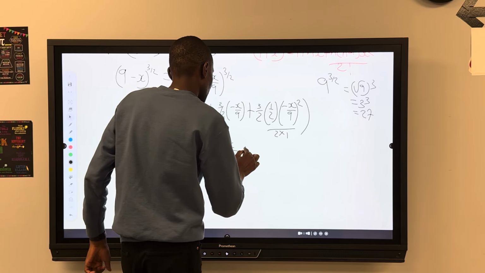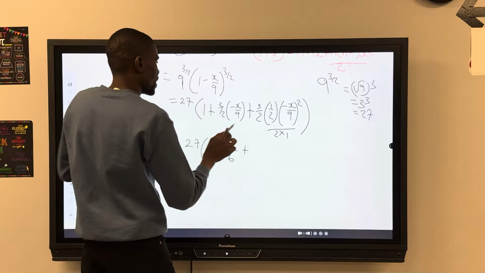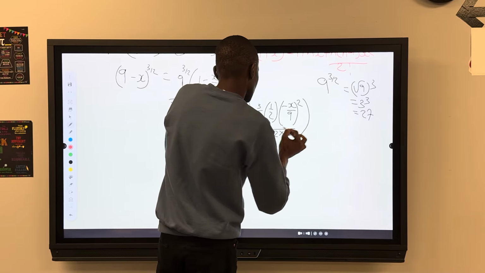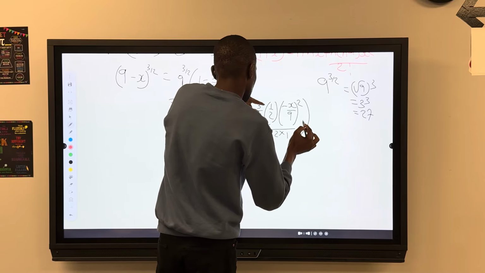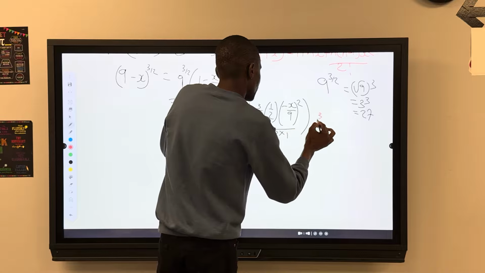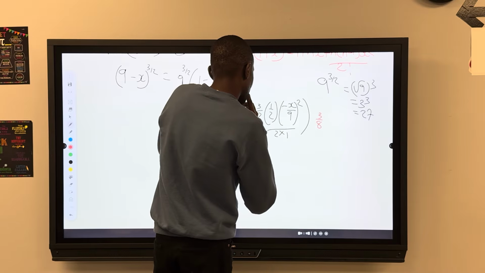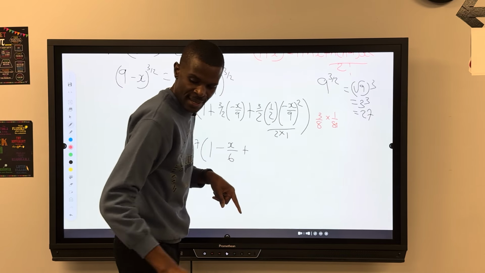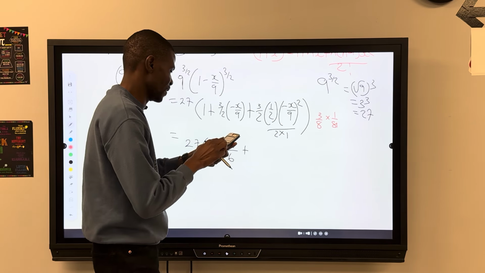Then plus, if I simplify here, it's going to be 4. So 3 over 4 times this, which is 3 over 8, times 1 over 81. So what do we get there?